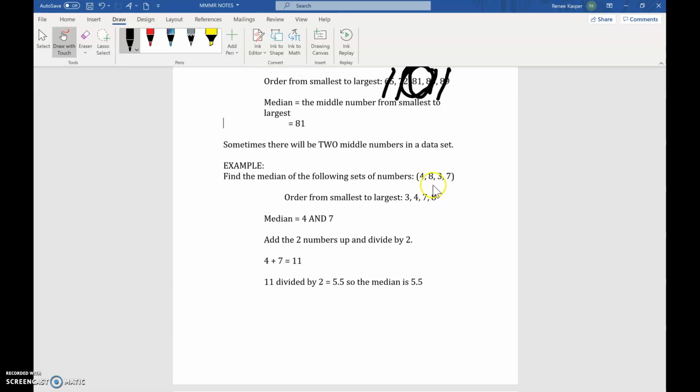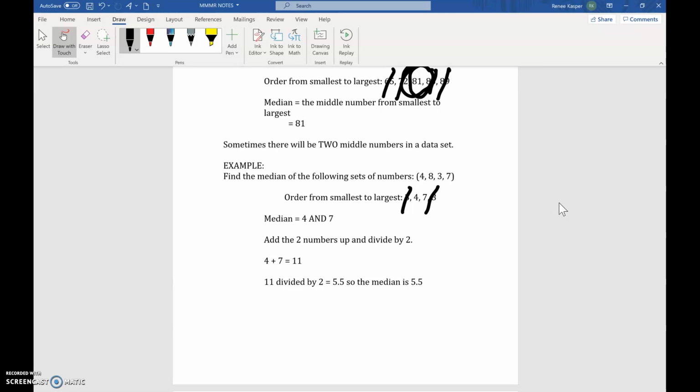So to find the median for an even number of data points, so we have 4, 8, 3, and 7. So if I order them from smallest to largest, 3, 4, 7, 8, then I'm going to go ahead and do the same thing, cross out the smallest, cross out the largest. So if you notice, I have an equal amount of crossing out on both sides, because if I cross out the 4, then we wouldn't be even.